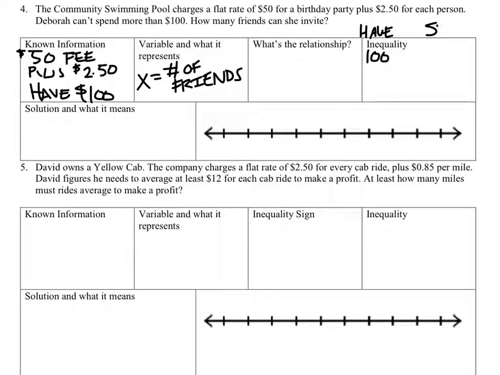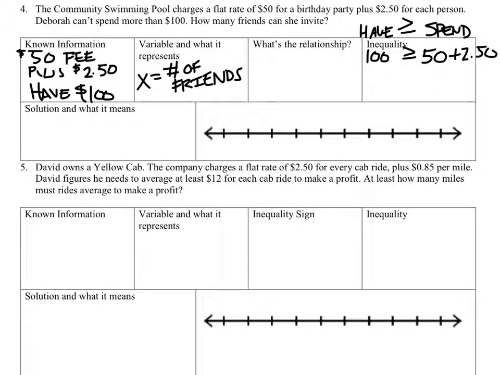And how much we spend, it needs to be eating how much you have, or it can be equal to that, because you can't spend more than you have. Well, how much do we need to spend? It's going to be a $50 fee, but then in addition to that, we're going to add $2.50. And of course, $100 needs to be greater than that amount.